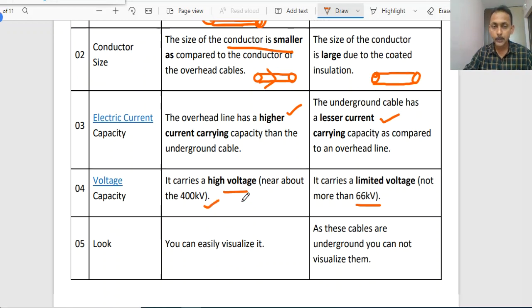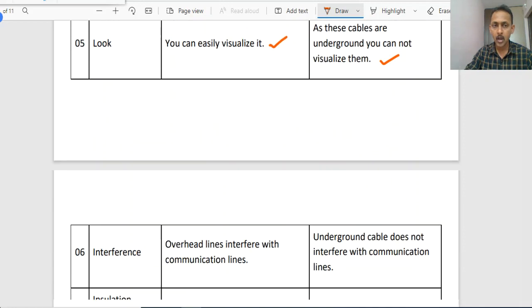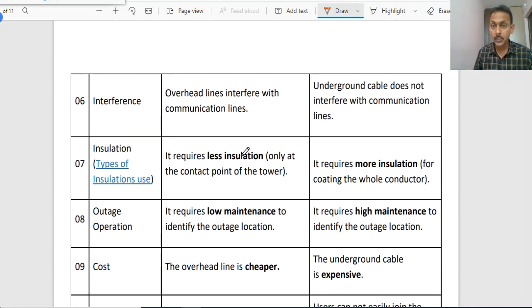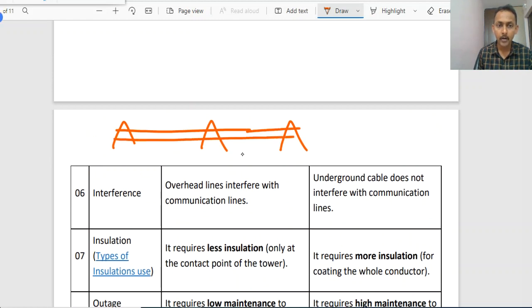And look wise, if it is overhead, we can easily see the lines. If it is underground, we cannot see them. They will be dug or buried in the ground. The cables will be laid in the ground, and these lines are going to carry the power at a certain frequency. Along with these towers, these lines are carrying power.